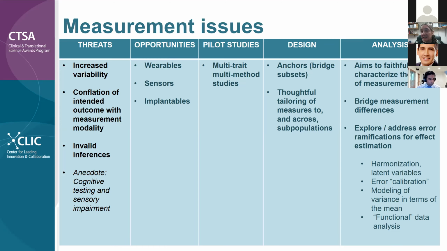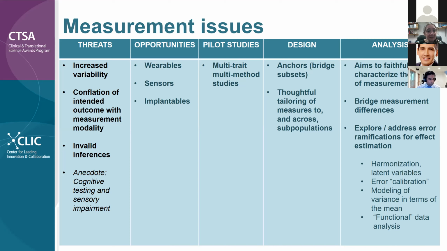The cuff size, if you use a standard cuff, may not be tight enough to measure the blood pressure appropriately. There are postural, orthostatic issues, where the blood pressure may differ quite a lot from a sitting or lying down to a standing setting. So there absolutely can be increased variability.